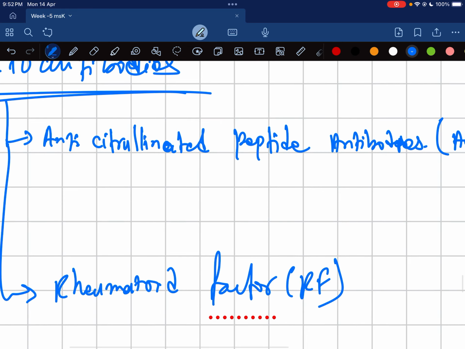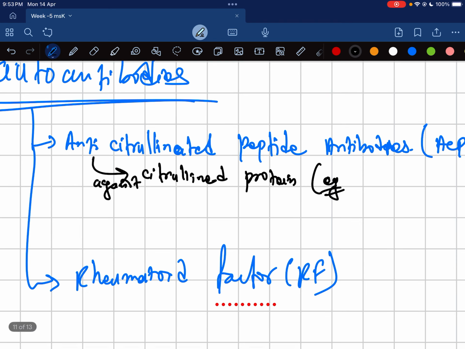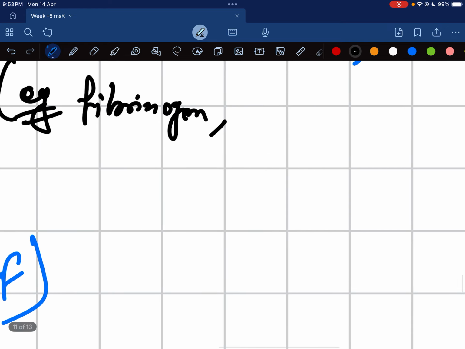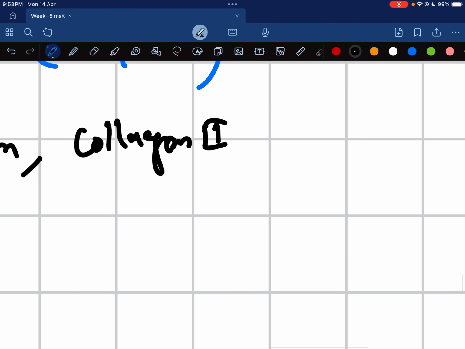Regarding anti-citrullinated peptide antibody, it is against citrullinated proteins, for example fibrinogen, collagen 2, and vimentin.